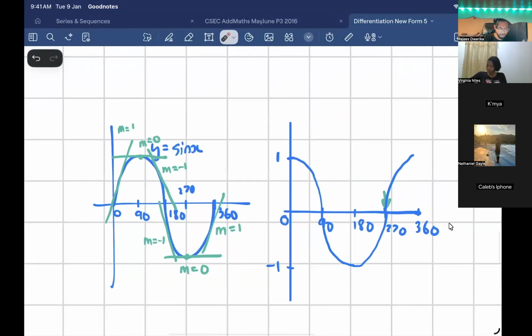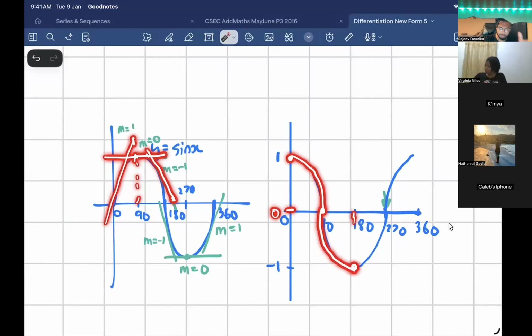And again, if you don't understand, look at it again. We start off at 0. What was the gradient? 1. So I start off at 1. Then at 90, what's the gradient? 0. So I come over here at 0. Then at 180, the gradient is what? Minus 1. So at 180, I come down to minus 1. Between 180 and 270, where's the gradient?